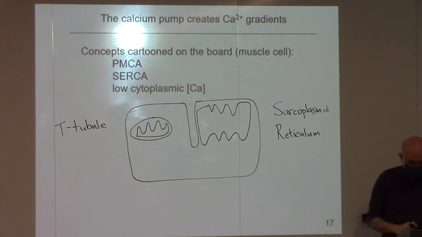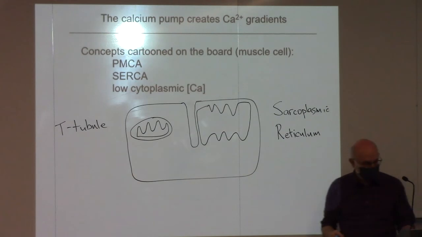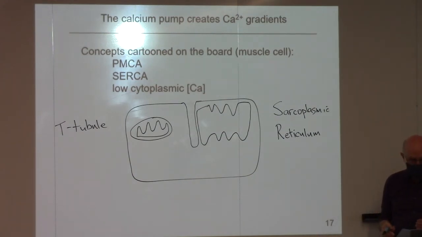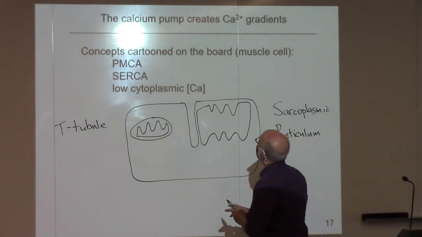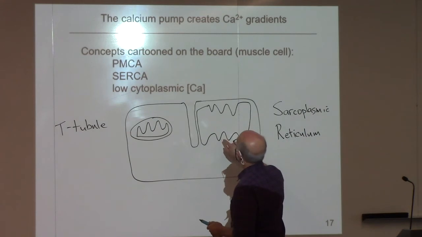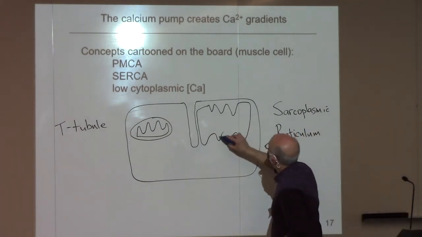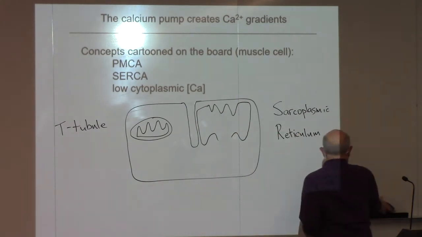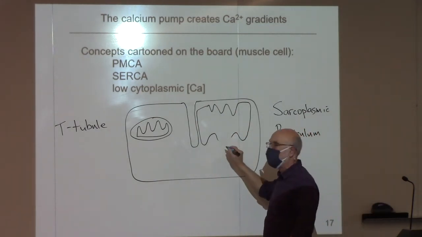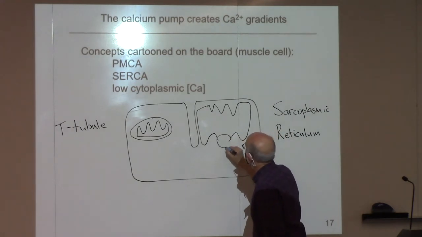Okay, so we have the components we need now. In your cartoon that also shows these lines at the bottom, that's the contractile, actin and myosin. That's what causes the muscle cells to contract. We'll come back to those. We're talking about solutes now. In the membrane of the sarcoplasmic reticulum is a protein.